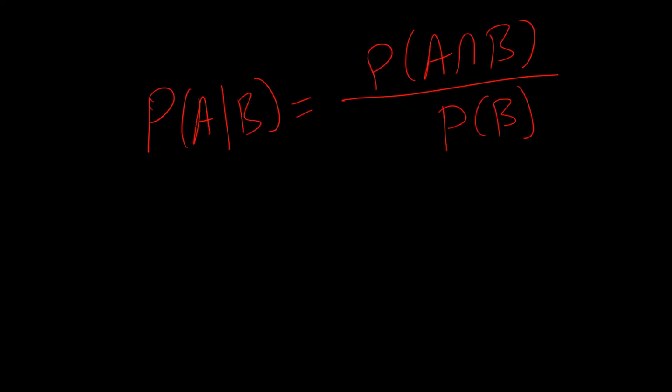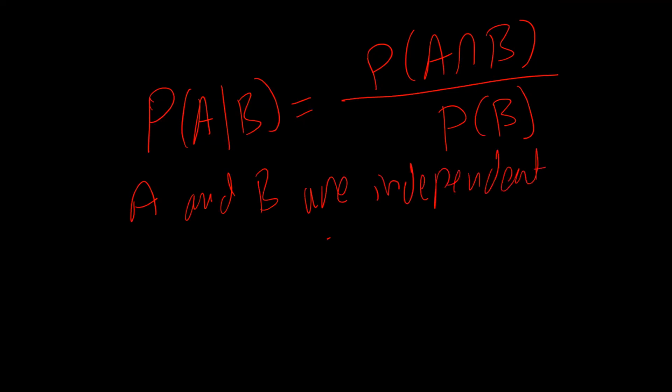If A and B are independent events, what is the probability of A given B?